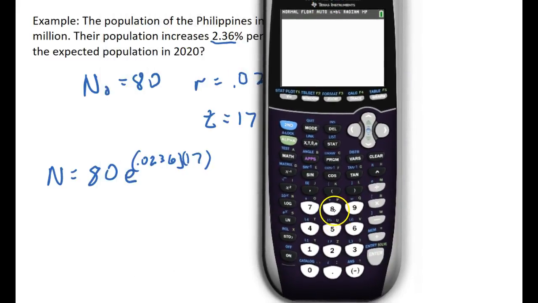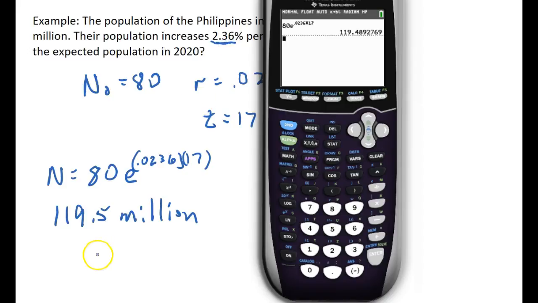So here we go. 80, and then I'm going to use my e to the x function, which is over the natural log button, and I put in 0.0236 times 17, enter, and we get 119.5. Okay, so we're at 119.5 million people in the Philippines in the year 2020, assuming that the population continues to grow at 2.36%.